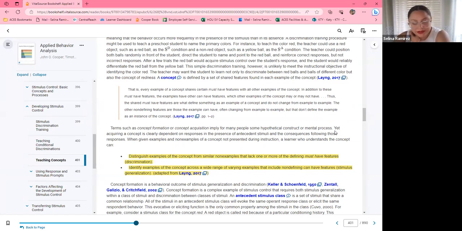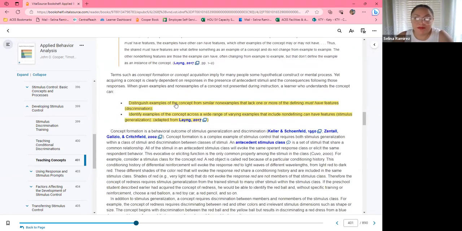So it's important that we know the concept formation and its process has to do with that SD being that stimulus that is going to give them access to reinforcement or not.